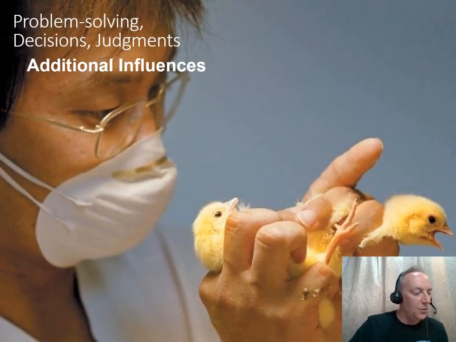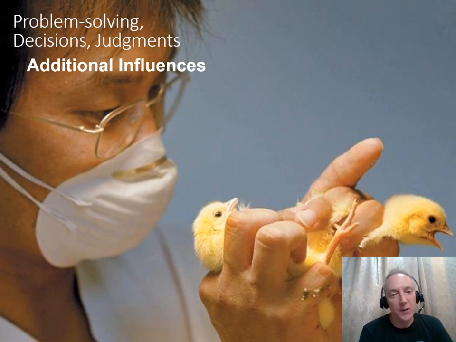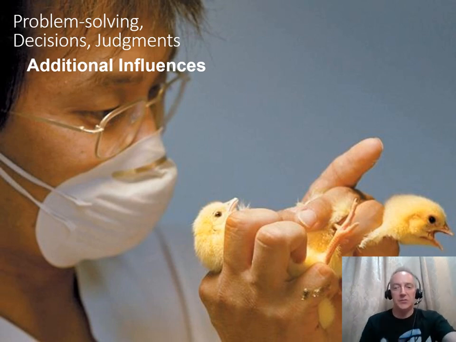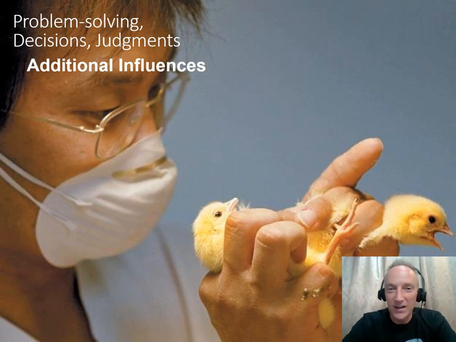All right. What other things can influence our problem solving and our decision making? So for sake of example, let's use this. If you are somebody with an undeclared major and you don't know what you want to be when you're done with school, here's a profession maybe you have not considered.